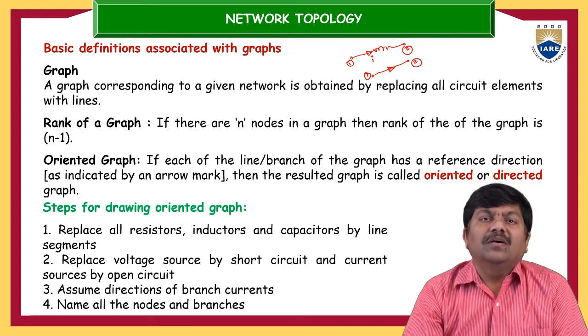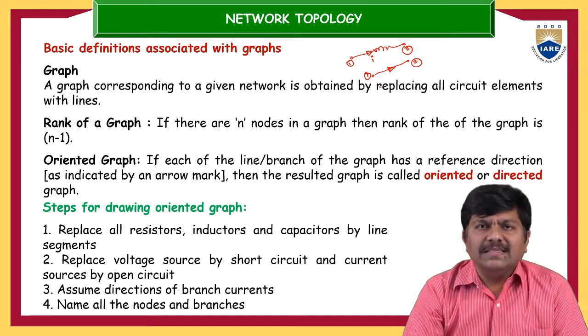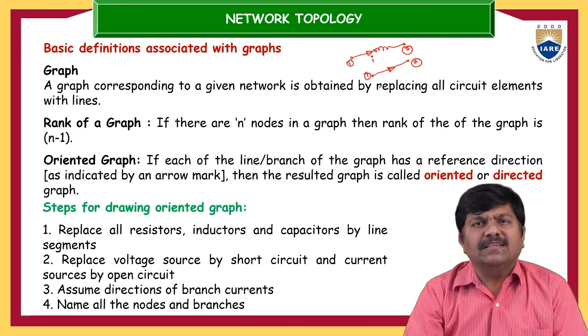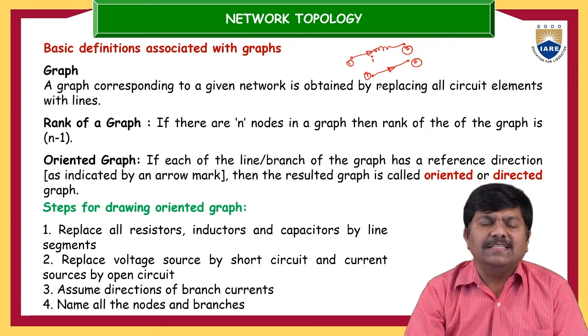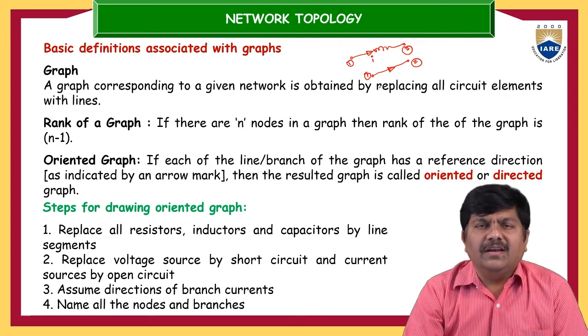It conveys the energy flow, from which node to which node the energy is going to flow. We use arrowheads to represent that. So if all the line segments or branches in the graph are properly directed in one particular direction, those are oriented graphs or directed graphs.